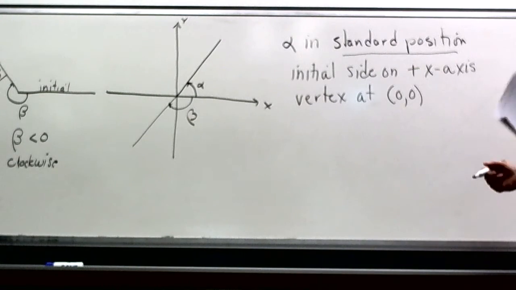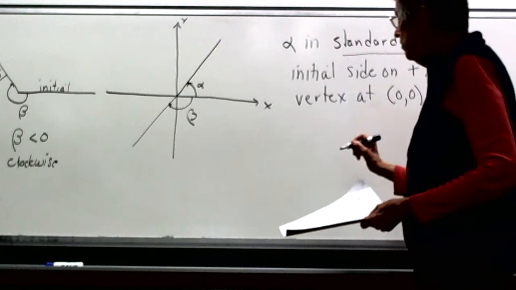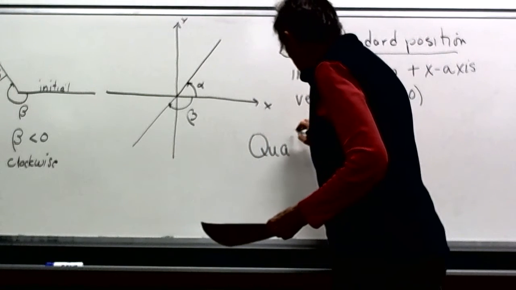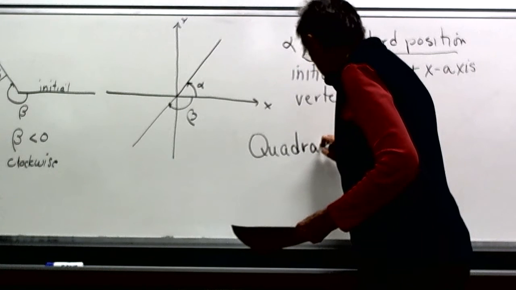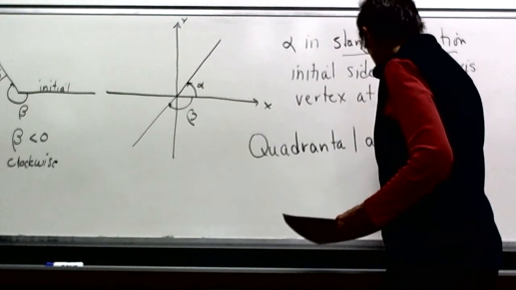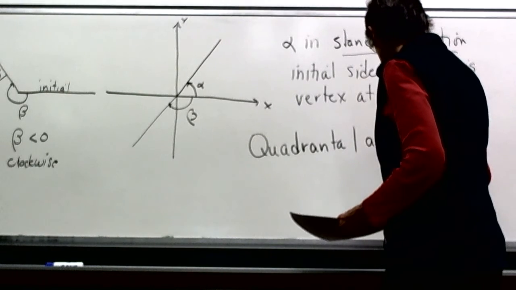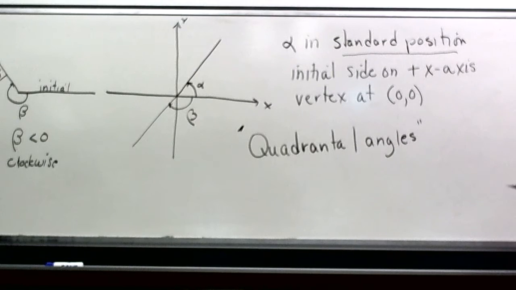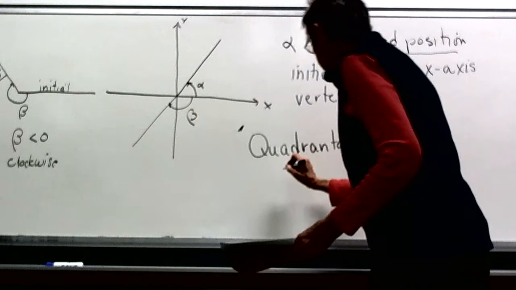We also have a definition of what we call quadrantal angles. So if we have a quadrantal angle in standard position, the terminal side will always be on the x-axis or the y-axis.